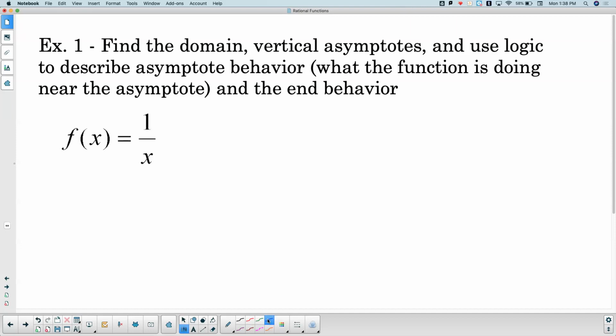What's the denominator? x. So x equals 0. I solved that. Done. So what's my domain? The domain is all real numbers except x can't equal 0.